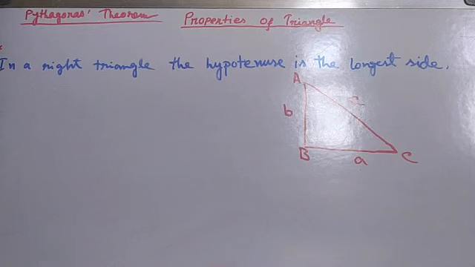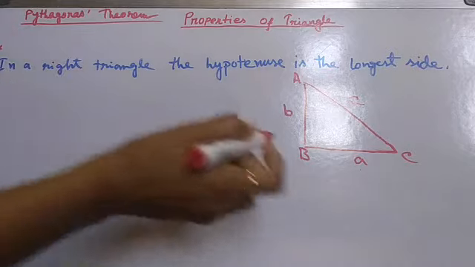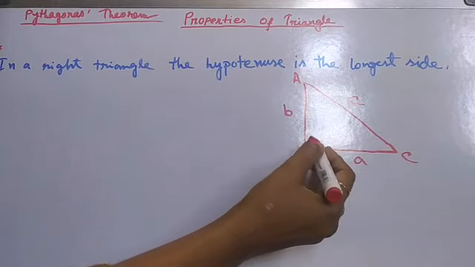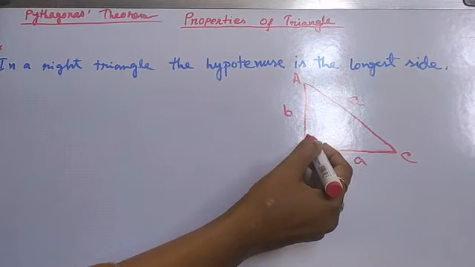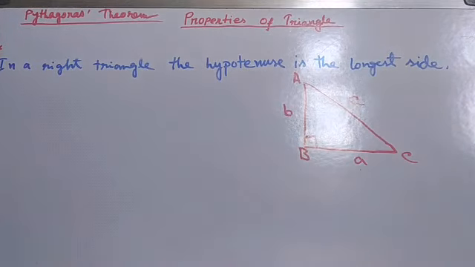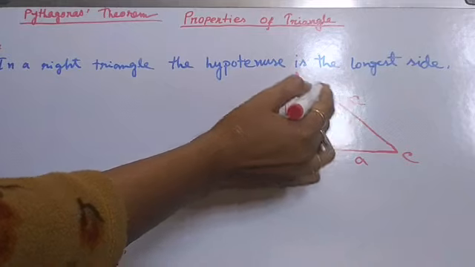Now I will discuss an important result: in a right triangle the hypotenuse is the longest side. So here this is right triangle ABC. The angle at point B is the right angle, so its opposite side is AC.